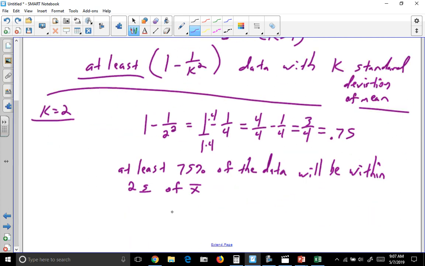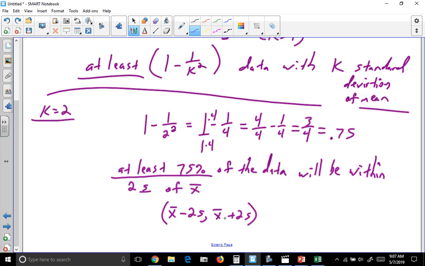So if we create an error interval that goes 2 standard deviations below the mean to 2 standard deviations above the mean, you're always going to have at least 75% of your data in that interval.